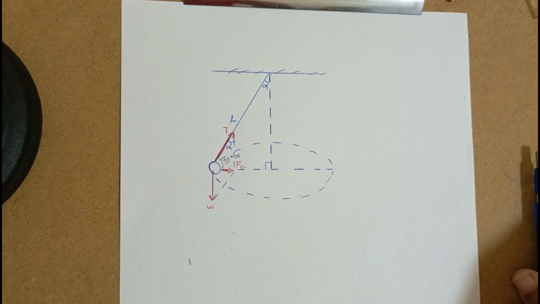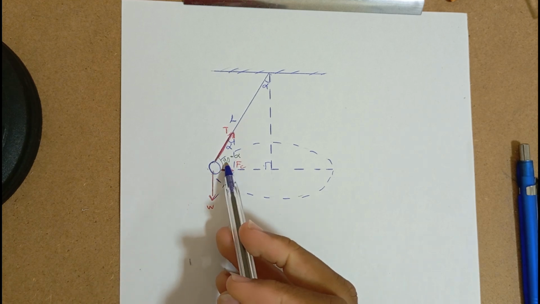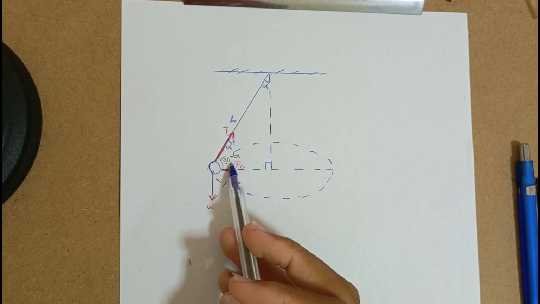Okay, let's determine the magnitude of the tension force. First I will use an easier way so that you can understand. What I have here, I can take the cosine of this angle, 90 minus alpha.